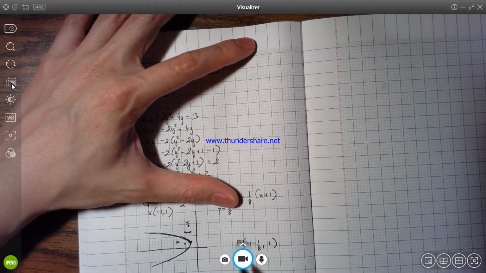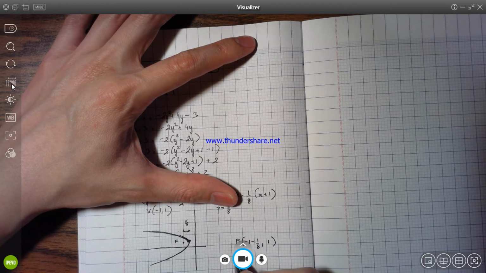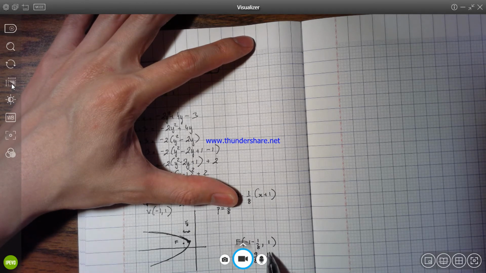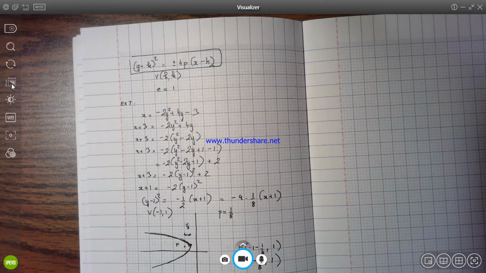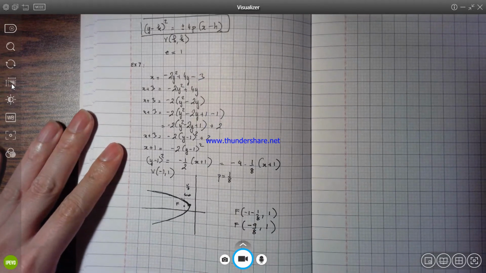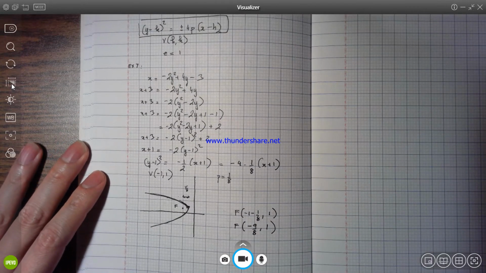Okay, then my F will be negative 9 over 8 and 1. Okay, so that is the coordinate of the focus.